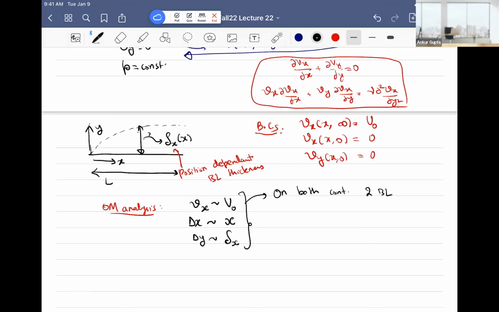So please take a few minutes, do that, and then I will discuss how to do that. What I want you to find eventually at the end is what is the formula for delta x. Okay, what is the formula? Take a few minutes.